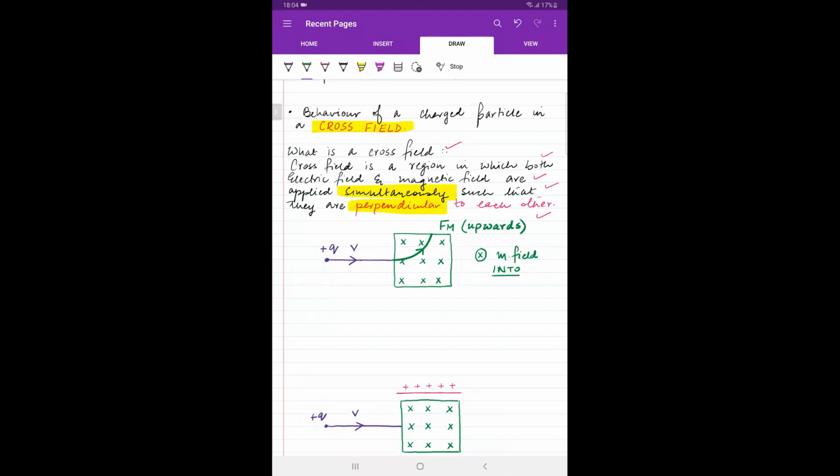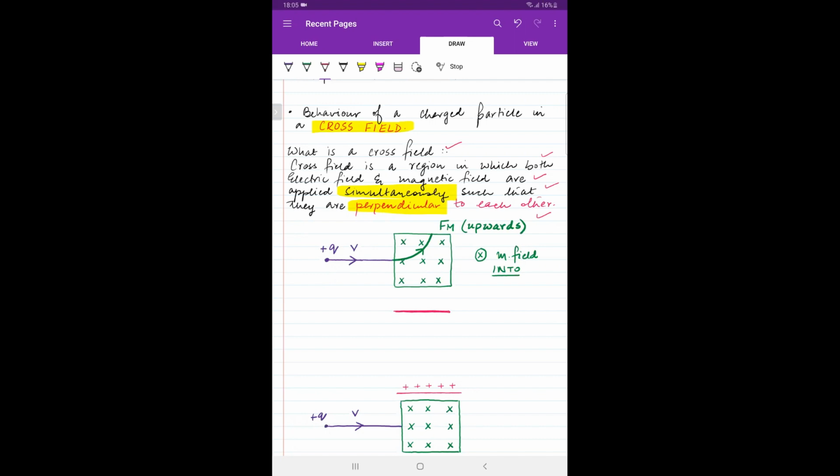So for the time being, it is just the magnetic field. Now, let me draw the electric field separately. I'll draw it separately first. So let me draw the electric field separately for you. Okay, I'll draw it right here. I'm drawing the electric field in red so that you can keep the distinction.